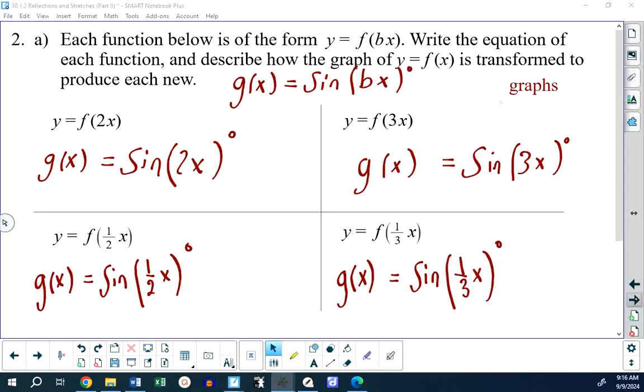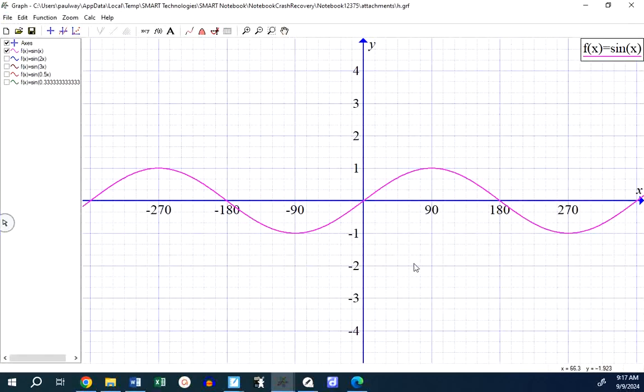And now we want to graph these. So we already know what y equals sine of x looks like. And I know, for a fact from experience that if I asked everybody to make a prediction about what sine of 2x looks like, most people will get it wrong.